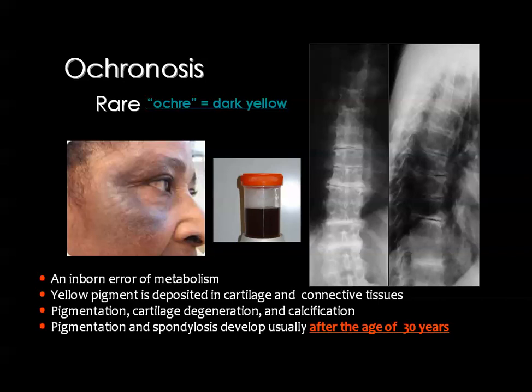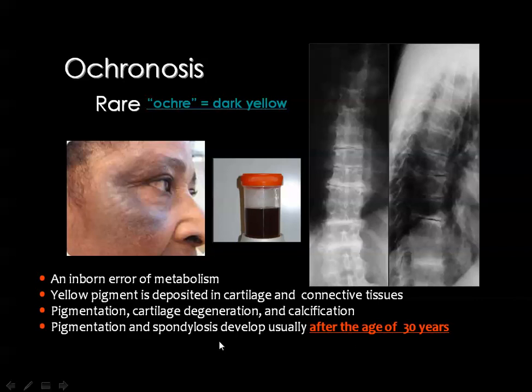Then we came to ochronosis, which means that there is a dark yellow color pigmentation of the skin. This is also a metabolic disease where yellow pigment is deposited in the cartilage and the connective tissues, leading to pigmentation, cartilage degeneration, and calcification.